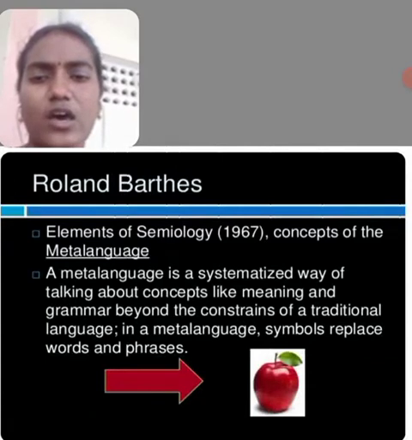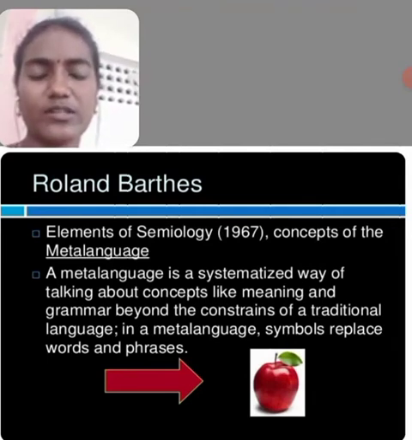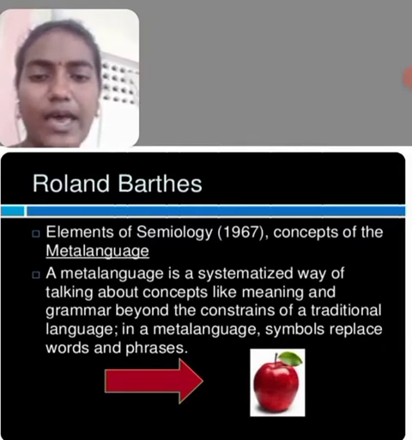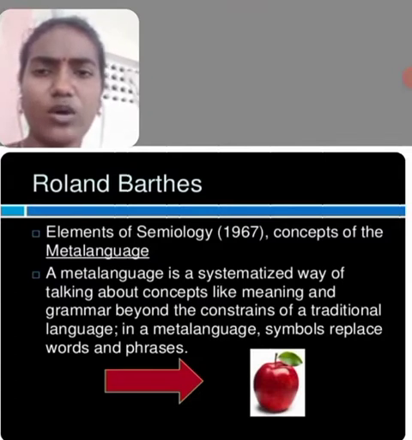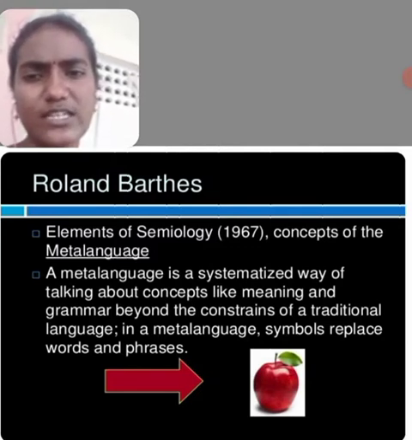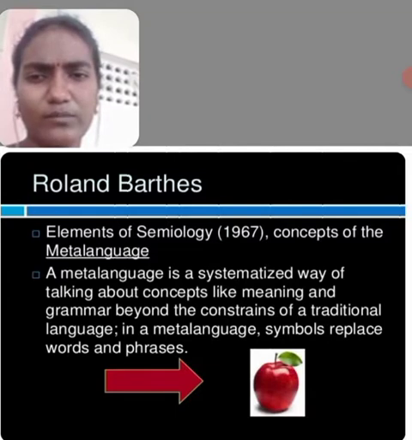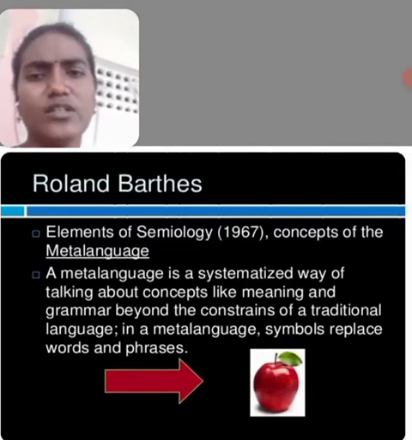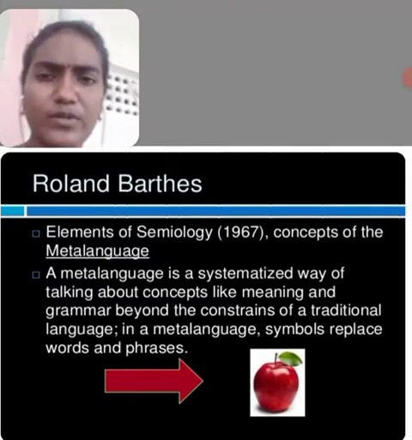Roland Barthes spoke here of a meta-language. In this slide we see the picture of an apple, but the apple is not only a red colored fruit, it might be a golden or green apple. The sign may change from one thing to another. So the signifier is not a stable one, and both signifier and signified are changeable from time to time and from one person's usage to another's.